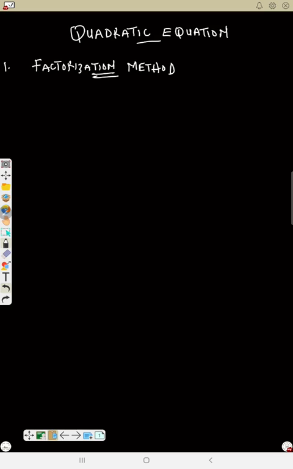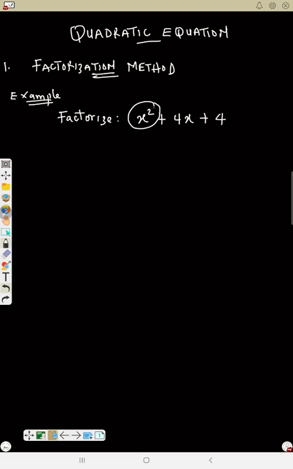So example, factorize x squared plus 4x plus 4. So let's say we want to factorize this. Now to factorize, notice there are 3 terms here.